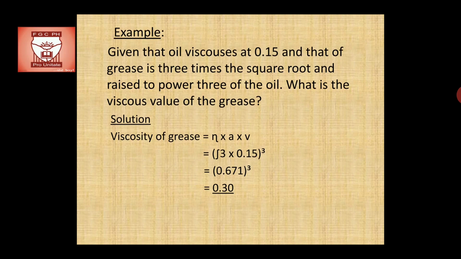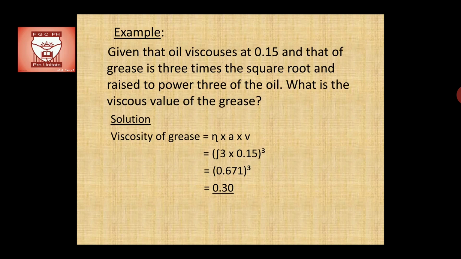You use the formula of viscosity of grease, which is equal to eta times radius times V, that's velocity, equals root 3, because the question said it is square root, root 3 times 0.15 all to power 3.